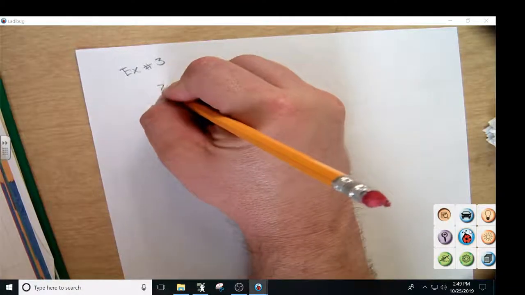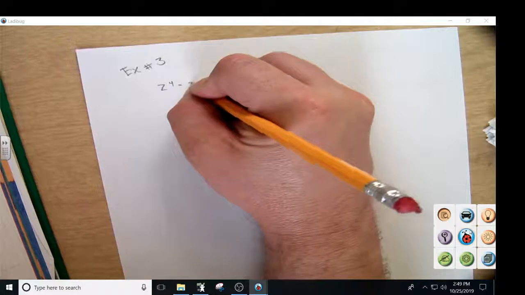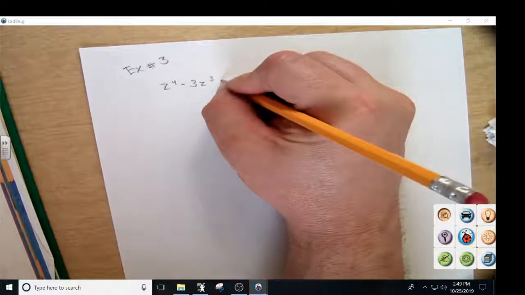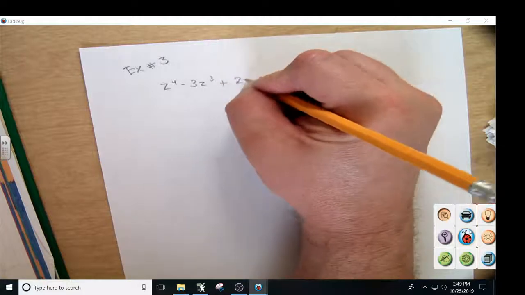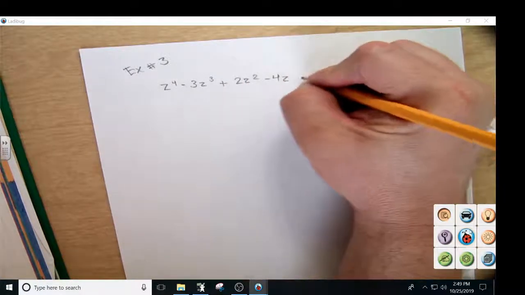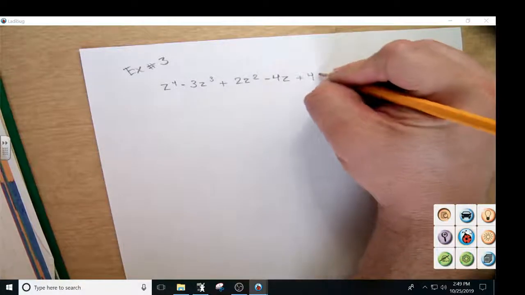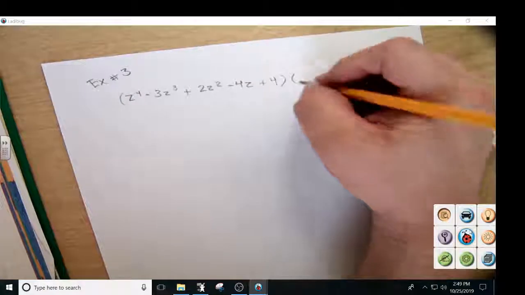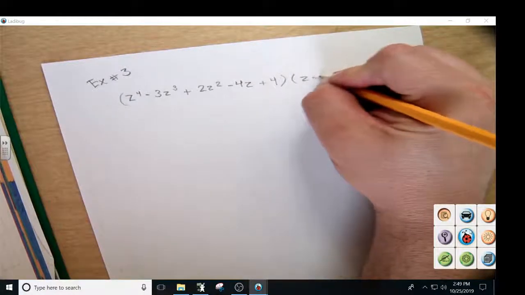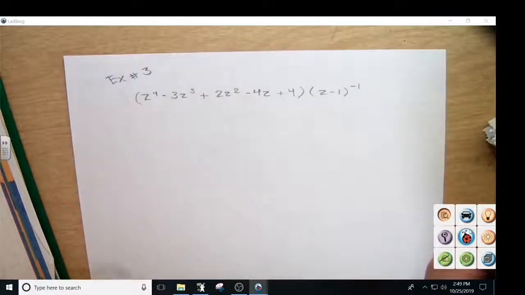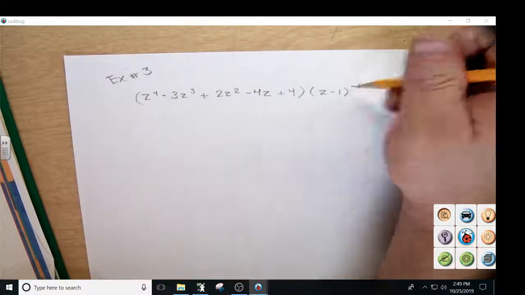Z to the fourth minus 3z cubed plus 2z squared minus 4z plus 4. Then you have this guy right here. You have a little bit different. It's z minus 1 to the -1 power. Okay? Now, remember in math, you cannot have negative exponents.